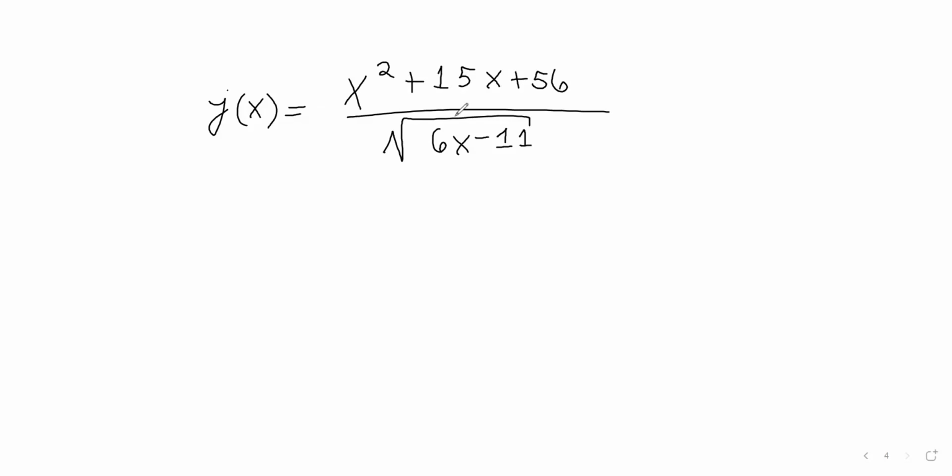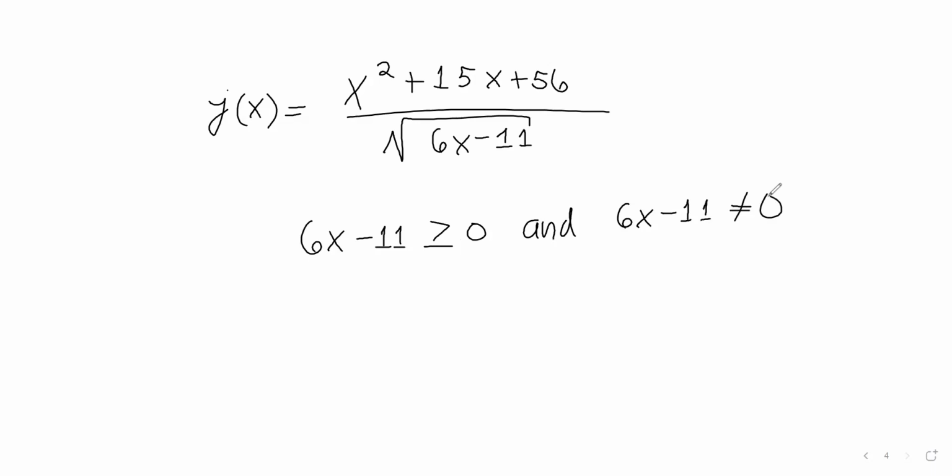Okay, so here we have a radical. So 6x minus 11 must be greater than or equal to 0. But simultaneously, it's also a denominator. And if it's a denominator, well, the denominator cannot equal 0.